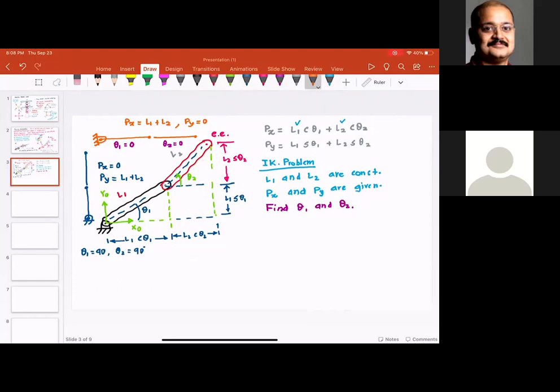Now, I want to ask you this question, and this is the same question I tried to pose in the last class. Ideally speaking, I have two equations and I have two unknowns. So the equations are equation 1, equation 2. Unknowns are theta 1 and theta 2. The question is how to solve.